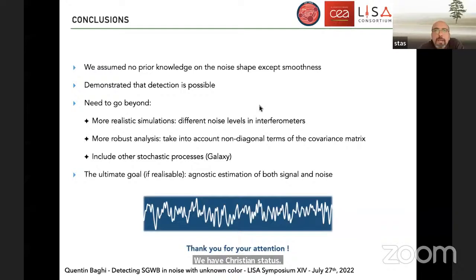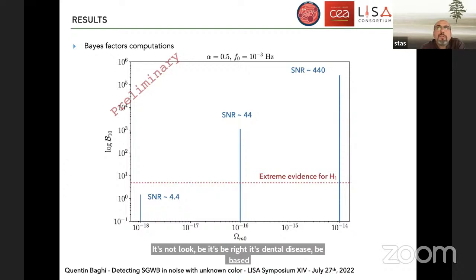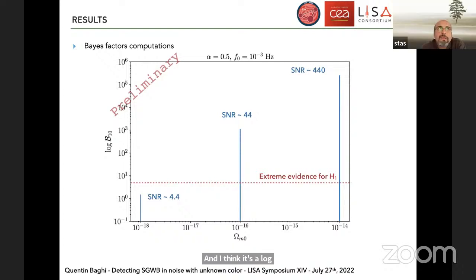Hey, Quentin, very nice. I have a first clarification. Can you go a slide up? It's not log B, it's B, right? It's 10 to the 3, it's B, the Bayes factor. I think it's log. So B is 10 to the power 10 to the 3?